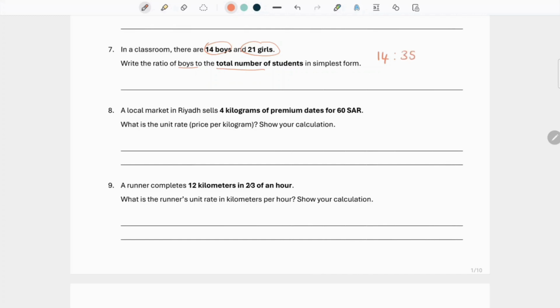The highest common factor here is 7, so we're going to divide both quantities by 7. So 14 divided by 7 is 2. 35 divided by 7 is 5. So the answer is 2 to 5.